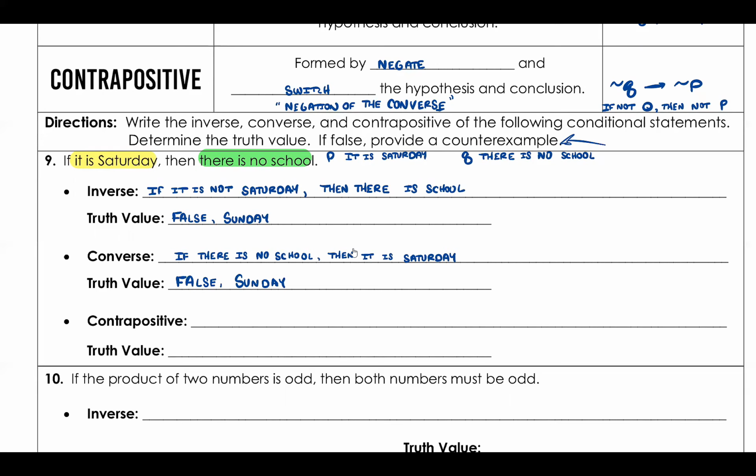All right, and our last one, the contrapositive, we're going to negate the converse. We're going to switch them and negate both.